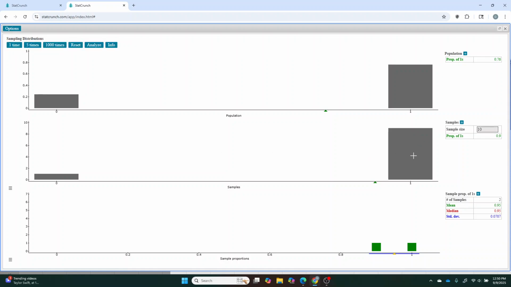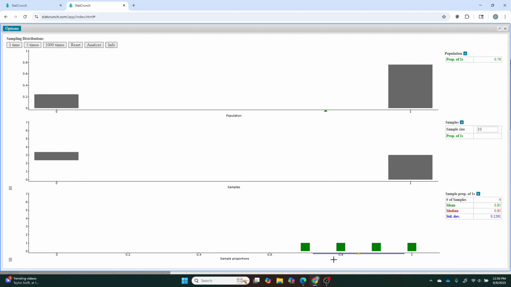Ooh, okay, so 9 successes and 1 failure. We can simulate another one. Ooh, a bunch of failures that time. Okay, and down here, what's being calculated is the sample proportion, right? These are the sample proportions. We could do this 5 times and just watch the sample proportions get collected. And what we're interested in is, what is the shape, center, and spread of this distribution down here?